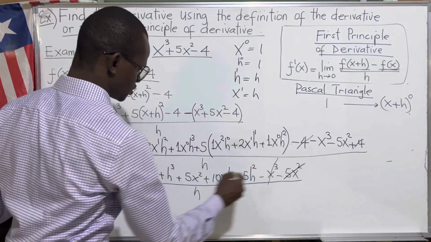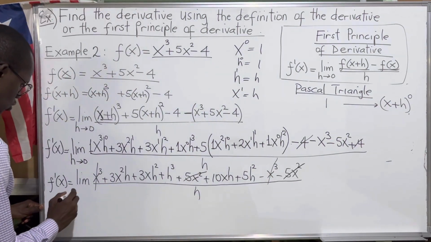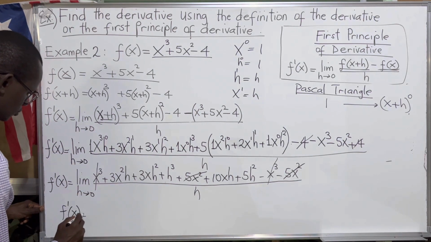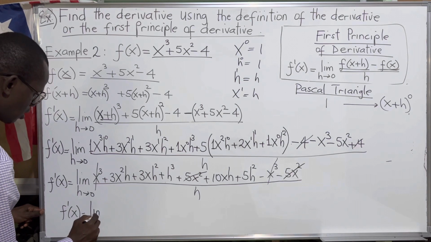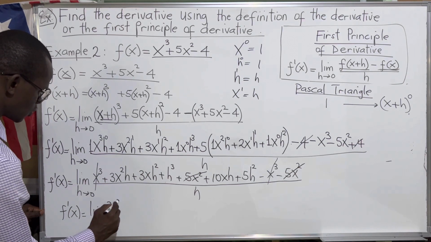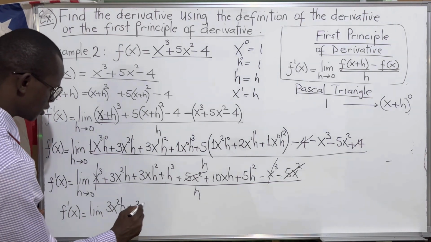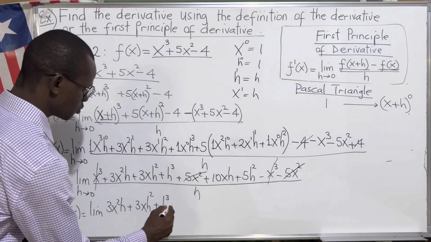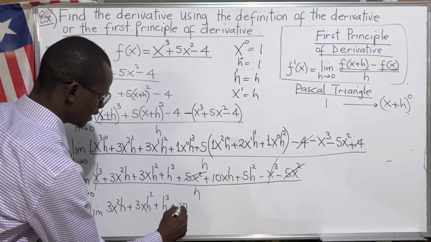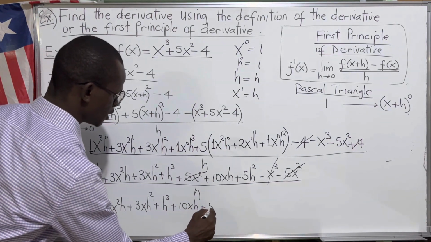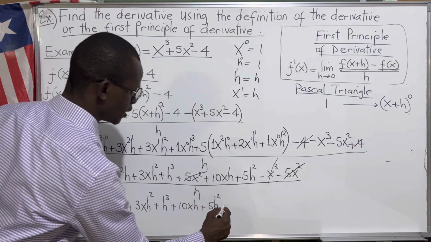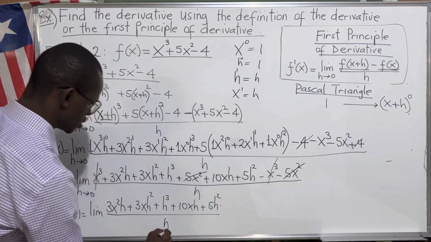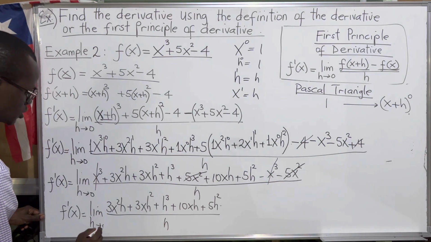You cancel this last term. So we are now left with f prime of x equals the limit of 3x squared h plus 3x h squared plus h cubed plus 10x h plus 5h squared. Okay, that's the last term. All divided by h, as h is approaching 0.